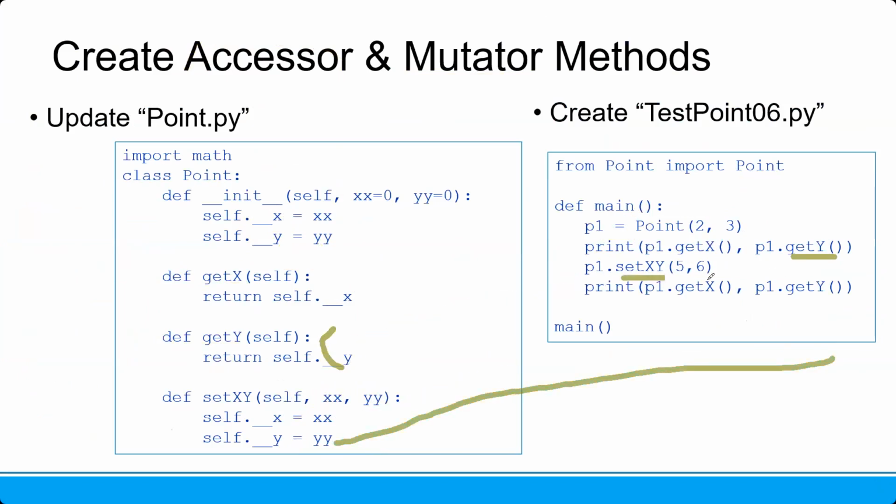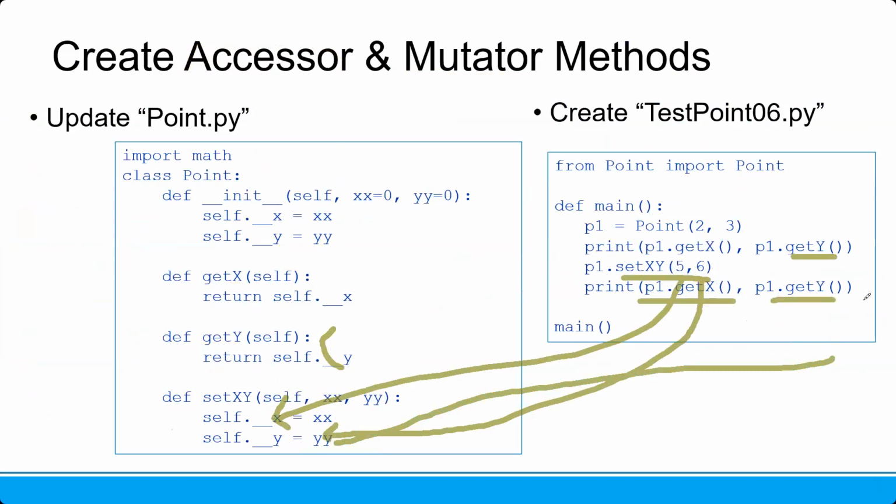If I set a new value, setXY is 5, 6, then the new X will be 5 and the new Y will be 6. If I print it again, it will show the new value.